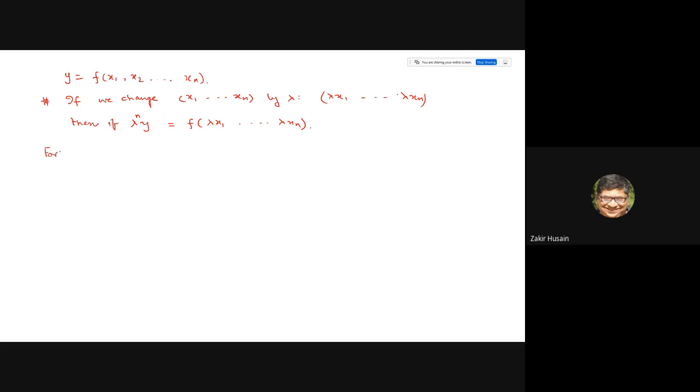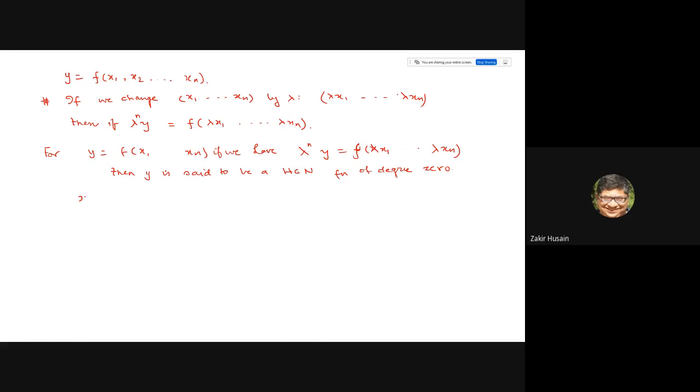Okay. In other words, for y equal to lambda to the power of n y, then y is said to be a homogeneous function of degree n. Here degree 0.